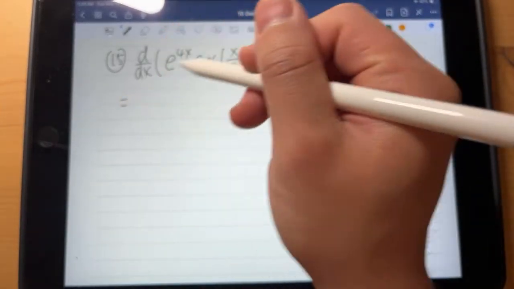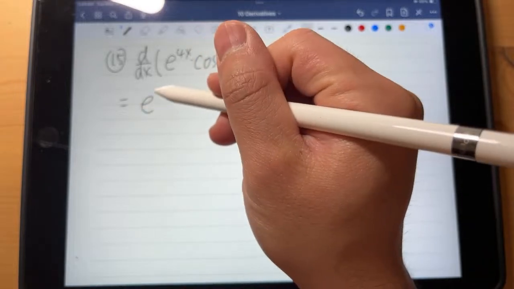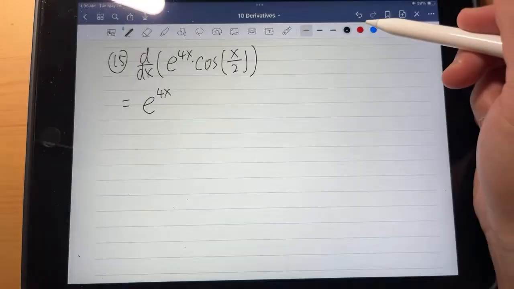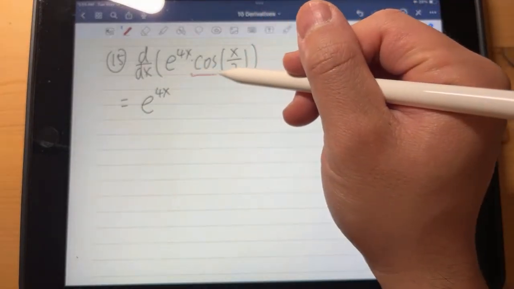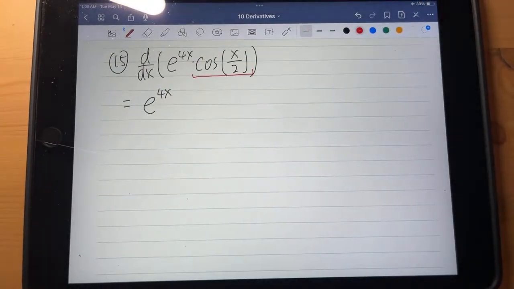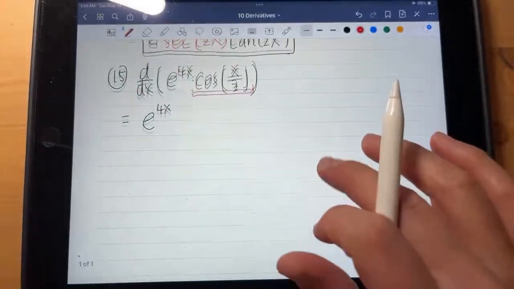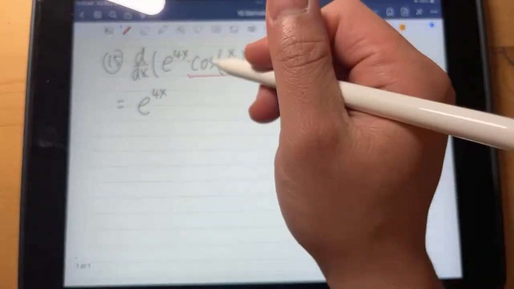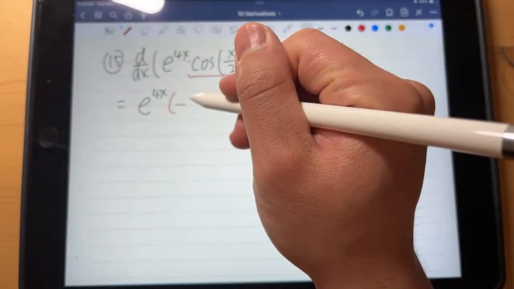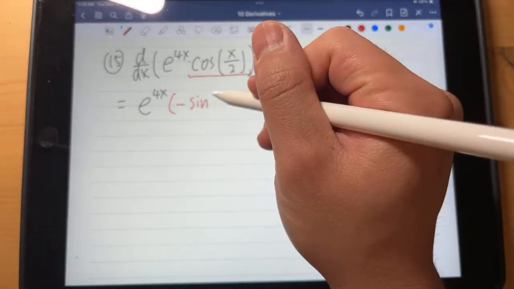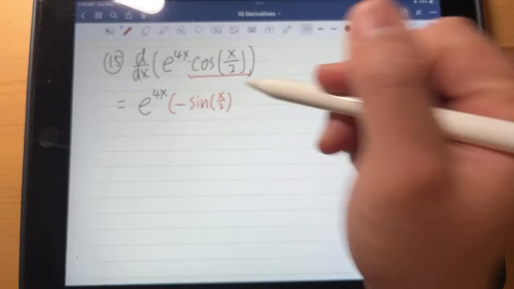So the first thing is you keep the first function, so e to the 4x, and then we are going to multiply by the derivative of the second. Derivative of cosine is negative sine, and the input stays the same, so x over 2.